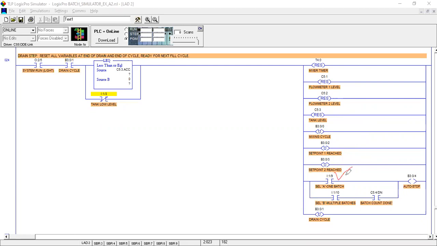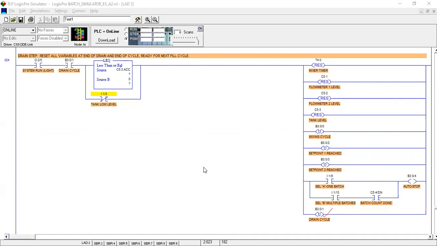In the selector switch A, 1 batch and auto stop will use internal binary bits for controlling the outputs, and the selector switch B, the multiple batch, and the batch count done by counters, and the unlatch of our drain cycle. The drain cycle is unlatched with this instruction.